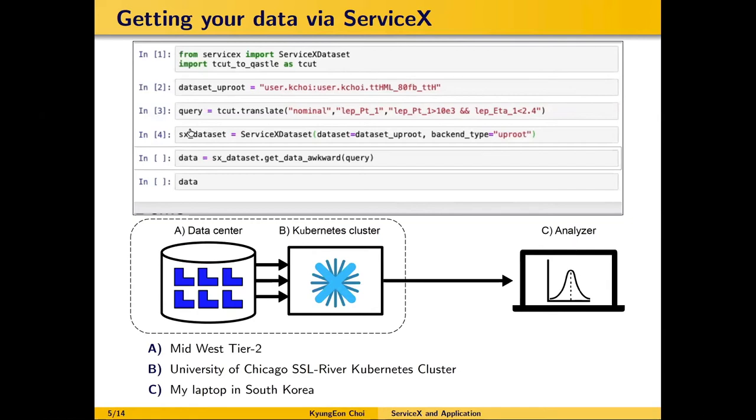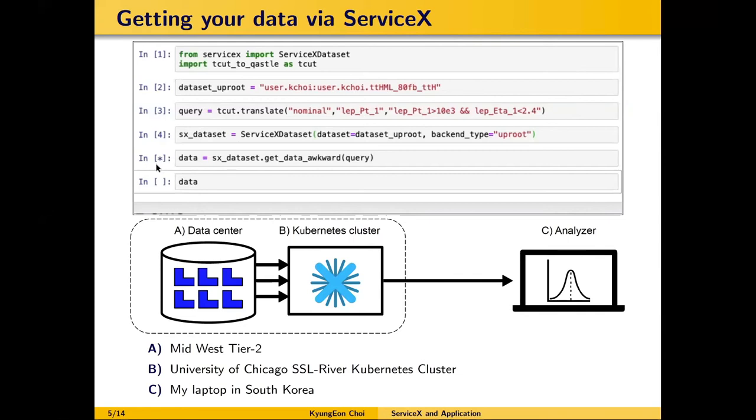It also imports packages, defines the Rucio dataset, and constructs the query. Here I want the column lepton pT1, with the selection that lepton pT1 is larger than 110 GeV and less than 2.4, from the nominal tree. And then I define the ServiceX dataset and the delivery request.